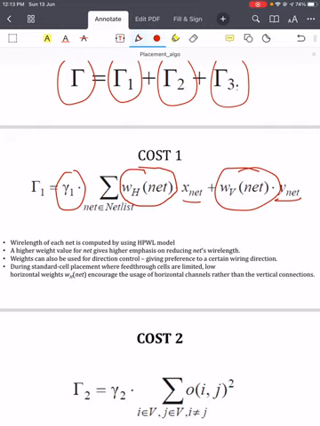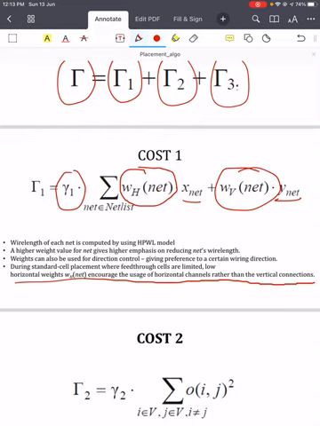And we know during standard cell placement the feed through cells are limited, so low horizontal weights encourage the usage of horizontal channels rather than vertical channels, because the feed through cells are very limited, so we cannot always use them.